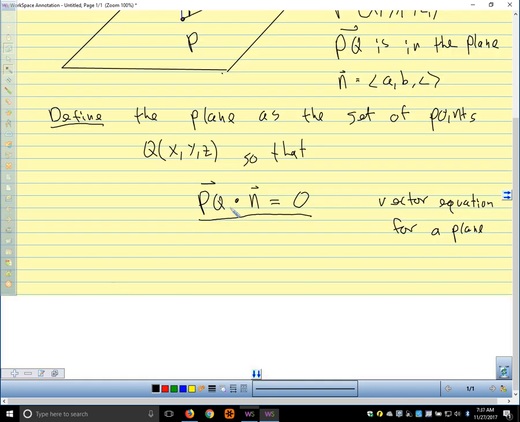So this tells us that the vector PQ is x minus x1, y minus y1, z minus z1, dot ABC equals 0.